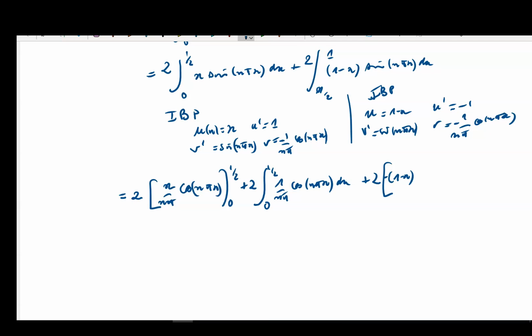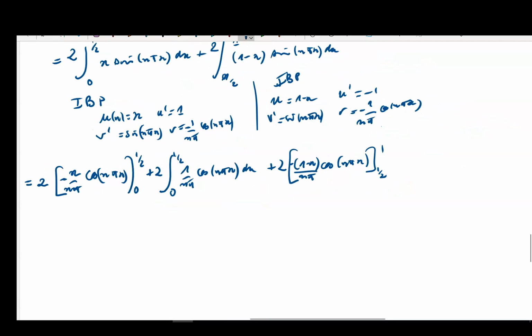I've got a minus sign. I probably had a minus sign previously too, sorry. Here I had a minus sign. So here 1 over n pi cos n pi x between 1 over 2 and 1. And minus, that's still giving me a minus. I've got 3 minuses. 2 times over n pi integral between 1 over 2 and 1 of cos n pi x dx.